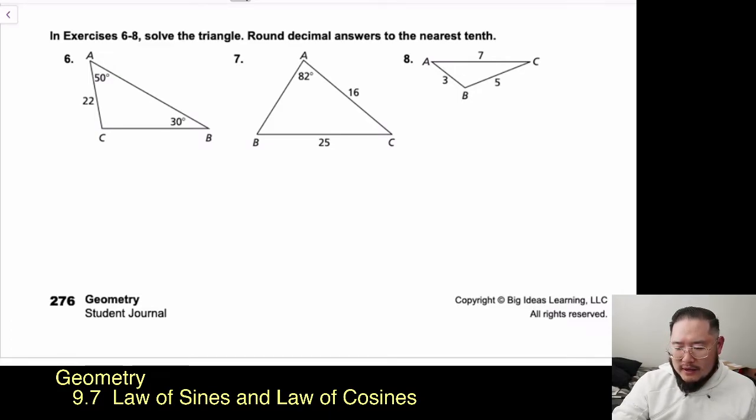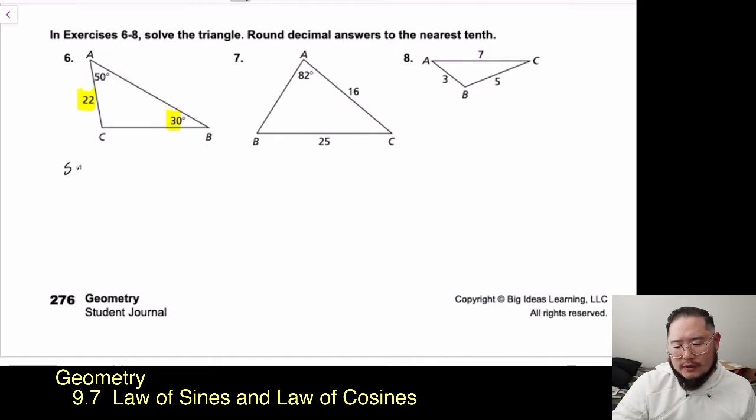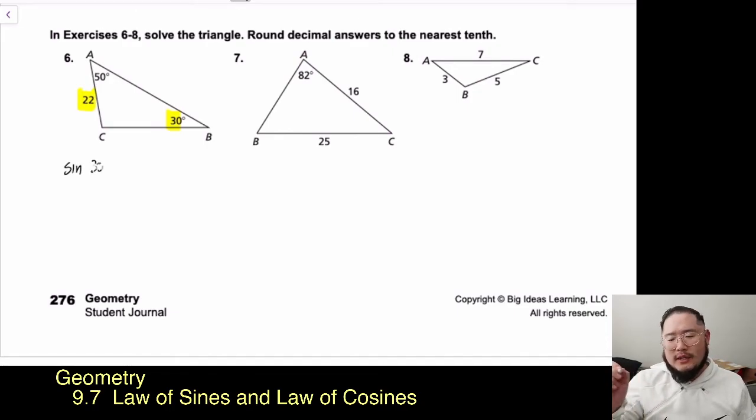Take a look right here. I got angle B, and opposite of that is 22. So remember, it doesn't matter when I set things up whether I have sine on top or bottom. But I'll put sine of 30 on top, and then we'll put 22 down below. It's the side opposite of the angle.